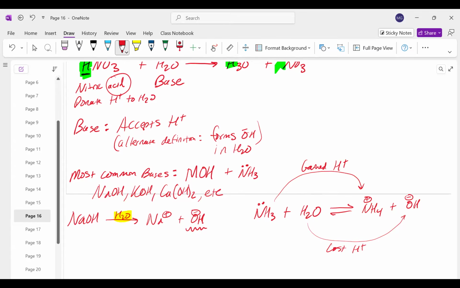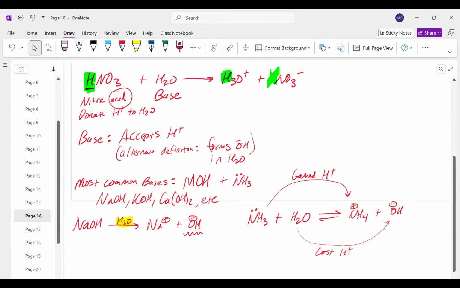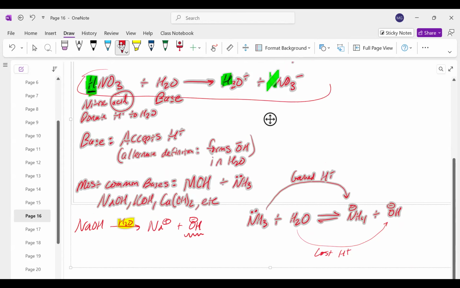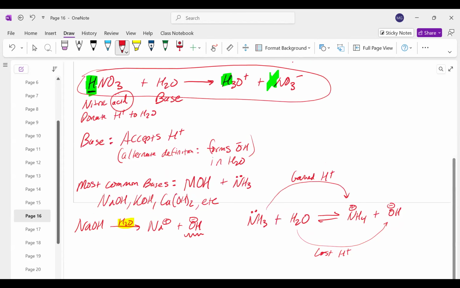And the last thing I want to highlight is what water is doing in this reaction and what water is doing in this reaction. Here, water is the acid. In the previous reaction, the one at the top, water is acting as a base.